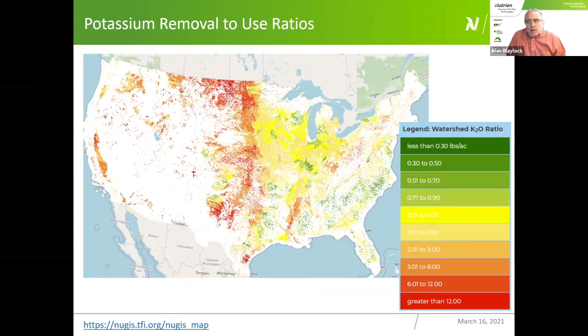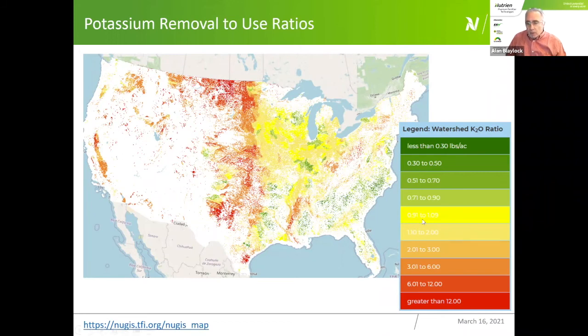So I can go ahead and mine that soil potassium, and I'm not too concerned about having a removal much greater than use when I have this large reservoir, as long as it's available and as long as my crop is able to access that. That's not a problem. So it's justified to mine those high testing soils where they occur.